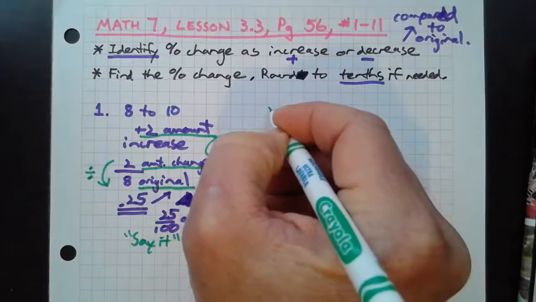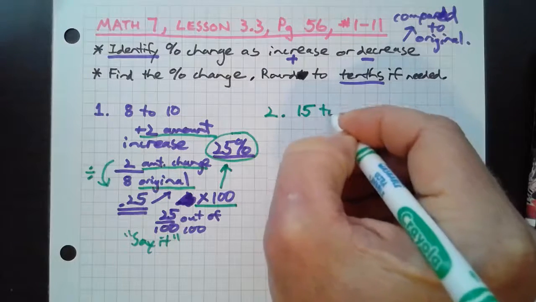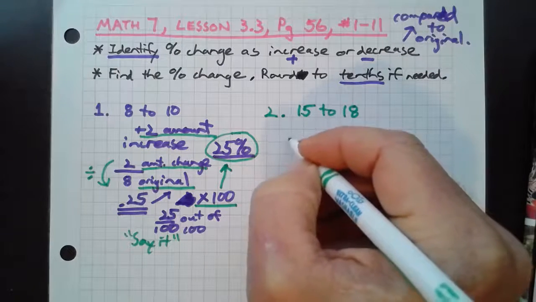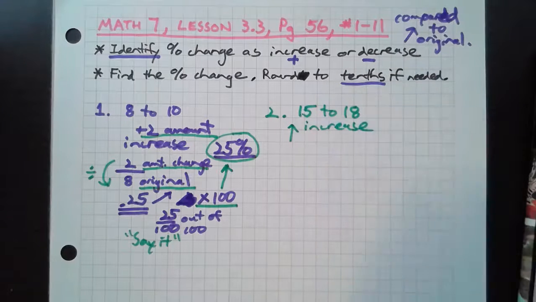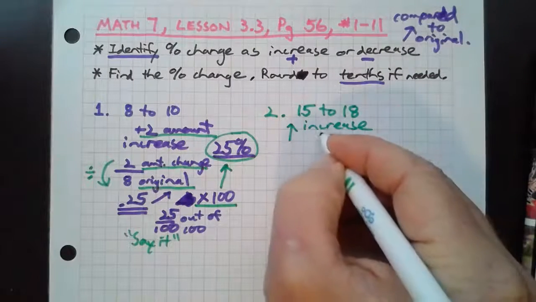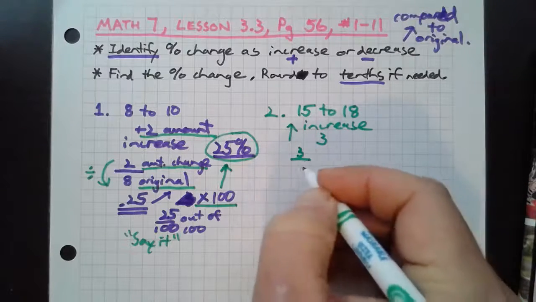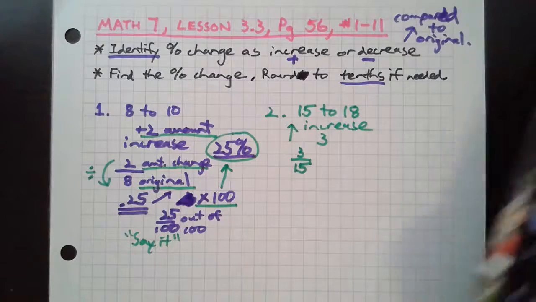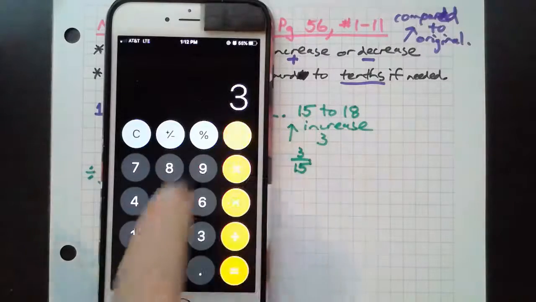Okay, here we go, number 2. It changes from 15 to 18. Did it go up or down? Up. Right. By how much? 3. What's the original? 15. We divide on the calculator. 3 divided by 15.